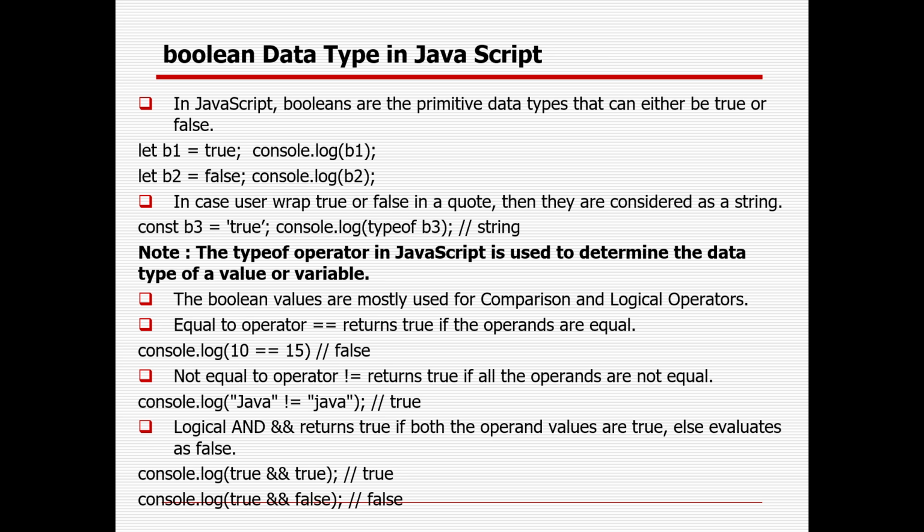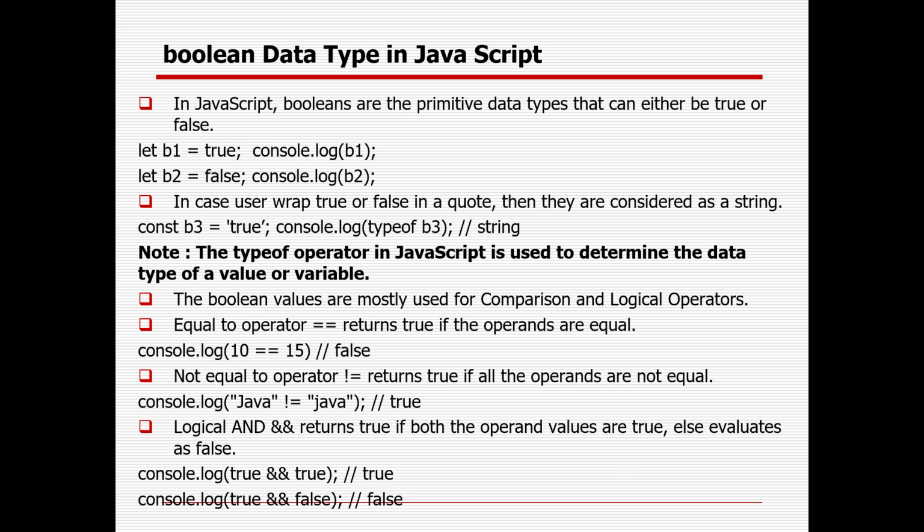The boolean data type holds two values, true or false. In case you want to give any value other than true or false, you need to provide it within a string. So the typeof operator for a boolean variable should always give boolean, and for a string it will be string. The typeof operator in JavaScript is used to determine the data type of a value or variable.